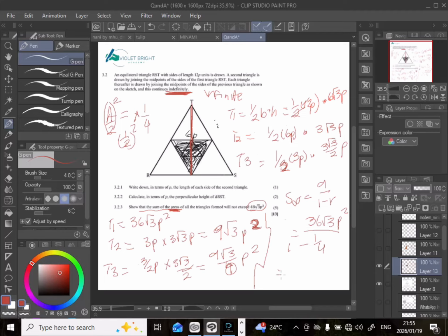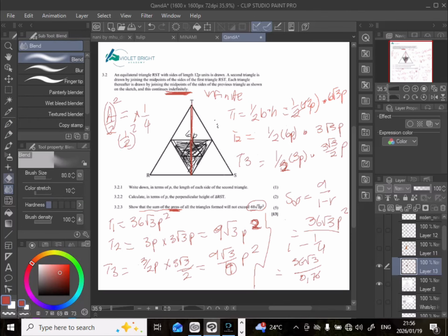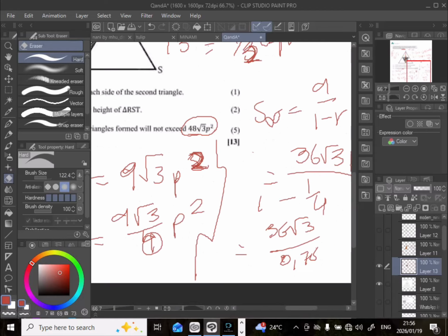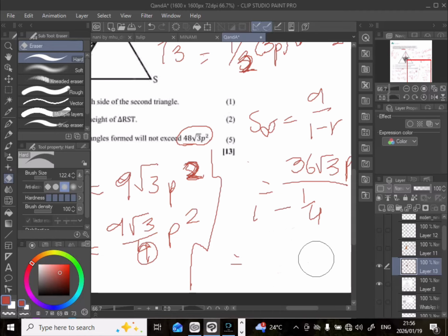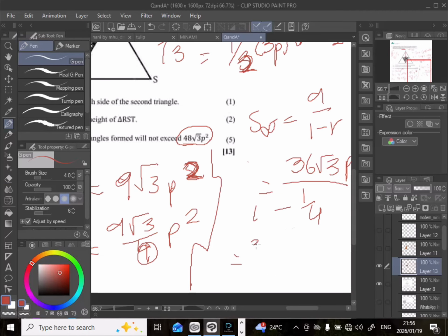Remember here it's 36 root 3 over 0.75. If you punch in your calculator 36 root 3, let's just put the p squared on the side, divided by 1 minus 1 over 4, which is 3 over 4.